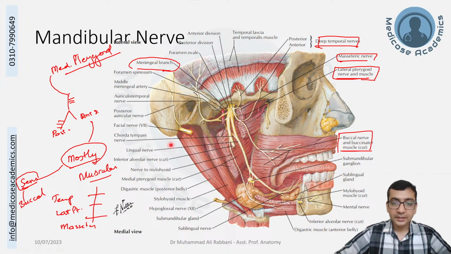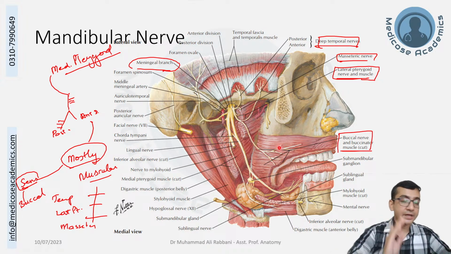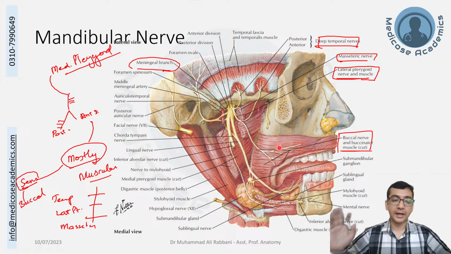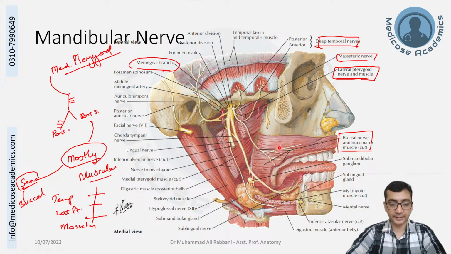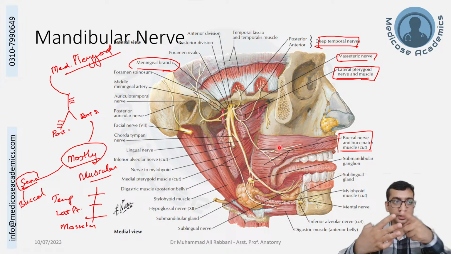It exits the infratemporal fossa by moving between the two heads of the lateral pterygoid, goes to the lateral aspect of the cheek, runs over the surface of the buccinator and supplies the skin over it, and it penetrates the muscle to supply the mucous membrane on the inside. So there are four branches we discussed. One was sensory, three were motor: a pair of temporal, masseter, lateral pterygoid, and the sensory one was the buccal nerve.